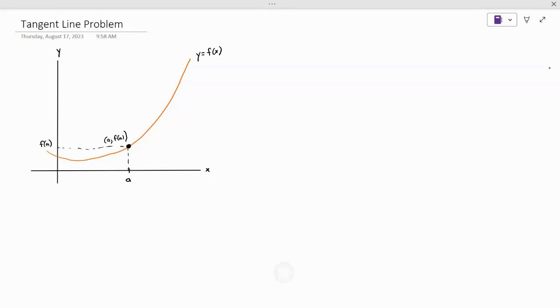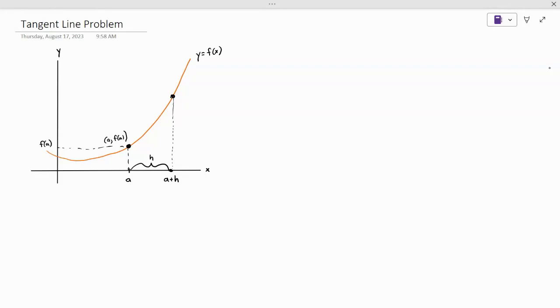And what we want to do is approximate this curve by picking another point near this point. And so if you start with A and you add a little amount, let's call it H, you'll end up at an x value that's A plus H. Okay.